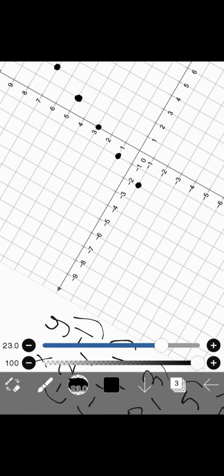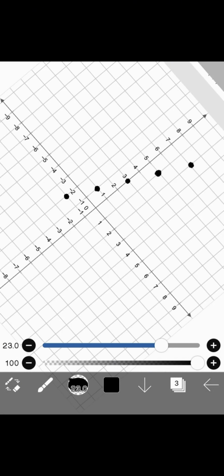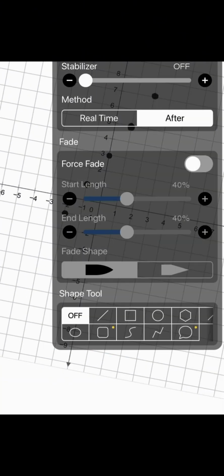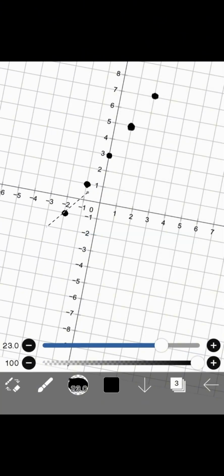So now we have all our plotted points. Now what do we do when we have all our plotted points? We connect these points to show that our graph is a straight line.